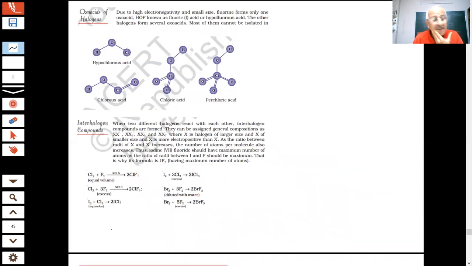The one thing which is very important for us now, there will be a question in the paper on this. We are talking of oxo acids of halogens.